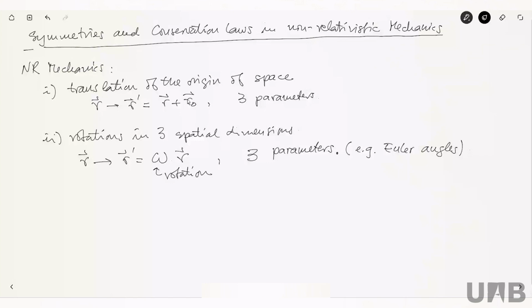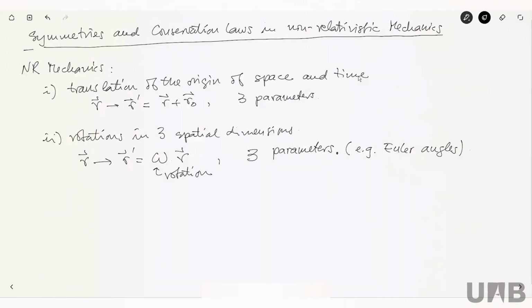Are those the only translations that we can do? You can have translations in time. Absolutely. Translations of the origin of space and time. Whenever we just follow the motion of a particle, it's not important at all when we set the initial time, when we start setting the clock.